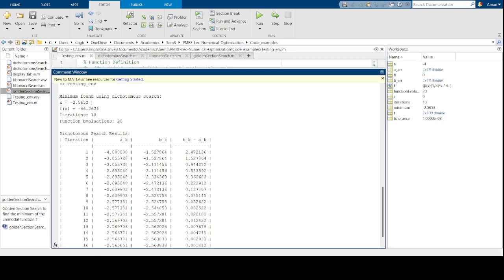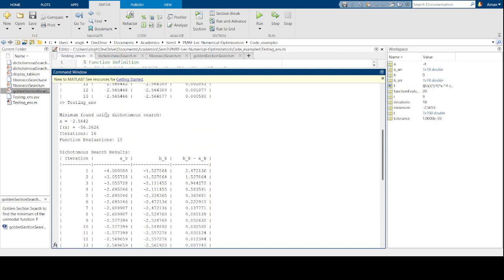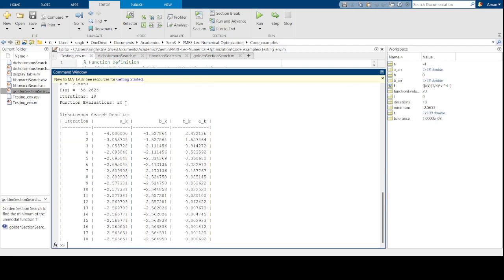So yeah, it also gave the same minima and the same value of function. But as you can see, the number of iterations here has increased compared to Fibonacci search, and corresponding function evaluations have also increased. The reason for this is that we discussed that the final interval of uncertainty for large n is, for the golden section search, 17% larger than that of Fibonacci search.